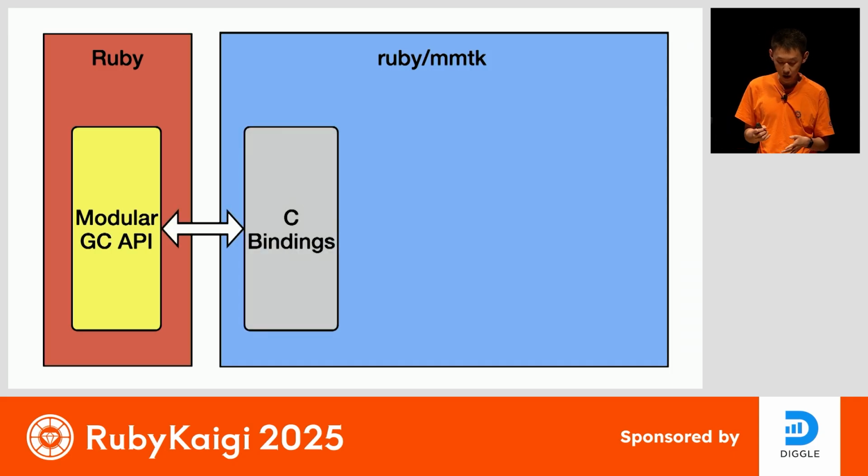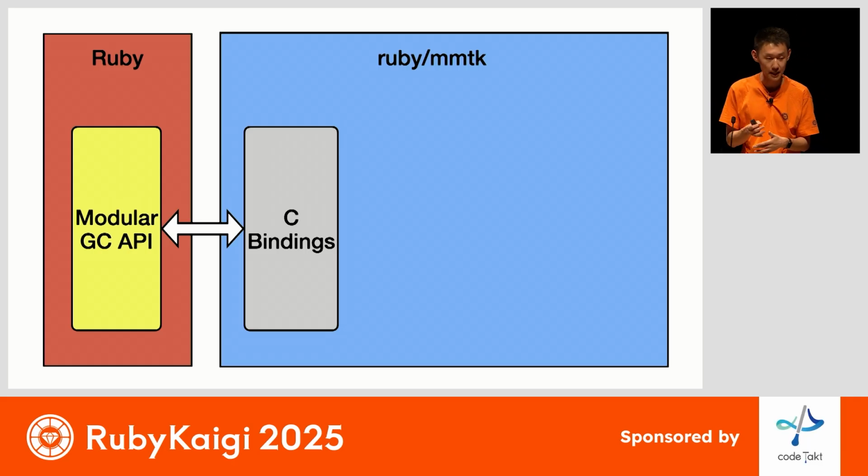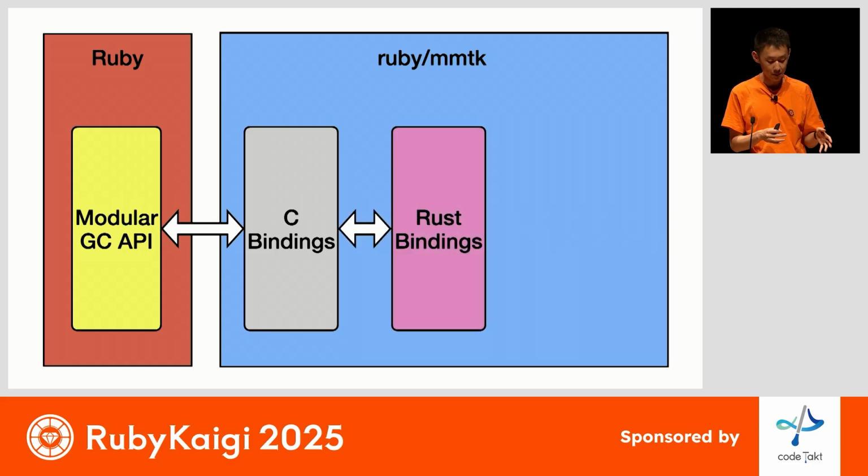Inside of the MMTK bindings, we have a layer that is written in C that interacts with the Modular GC API in Ruby. The C bindings here provide an extension of Ruby for MMTK and provide implementation for things such as stopping the Ruby VM, marking an object, or freeing a dead object. The C bindings in MMTK then interact with bindings written in Rust.